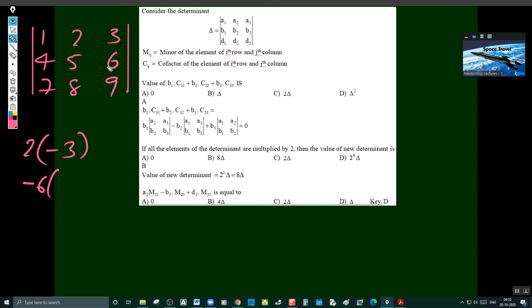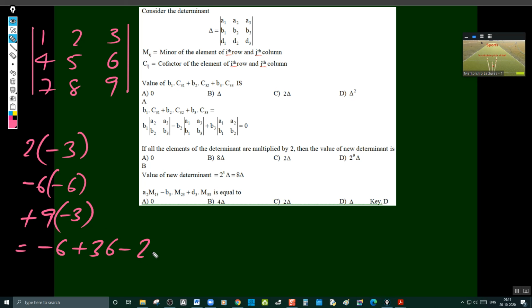M23, this one. Its minor: 8 minus 14, minus 6. And plus D3. D3, please, where is D3? This one, 9, into M33. Its minor: 5 minus 8, minus 3. This is minus 6 plus 36 minus 27, equal to 0.